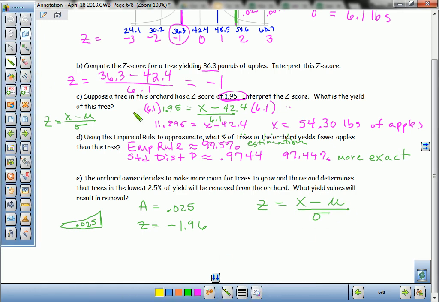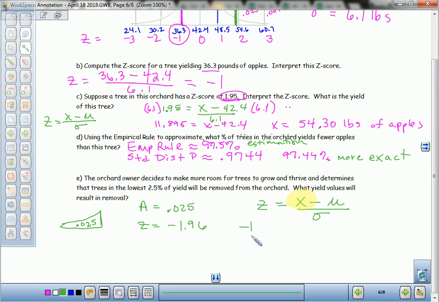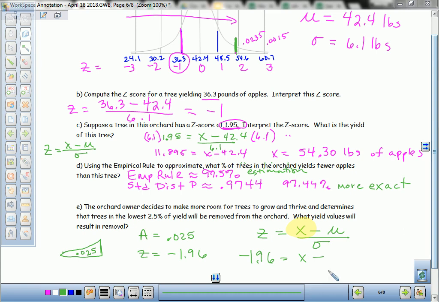I want to know the number of pounds. Anything that produces less than this, I need to solve for X. I've got Z. I know the mean. And I know the standard deviation.